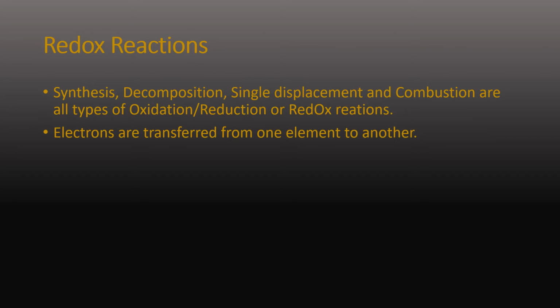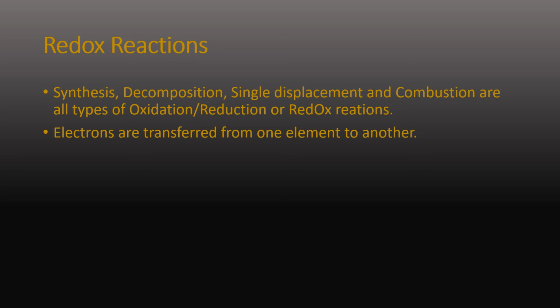Okay, so within those that we just talked about, synthesis, the building, taking two and making one, decomposition, taking one and making two, single displacement, and combustion are all what's called oxidation reduction reactions or redox reactions. And all that means is that electrons are being transferred from one element to another.